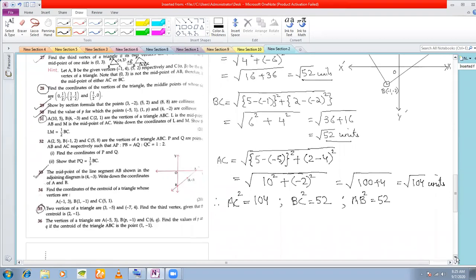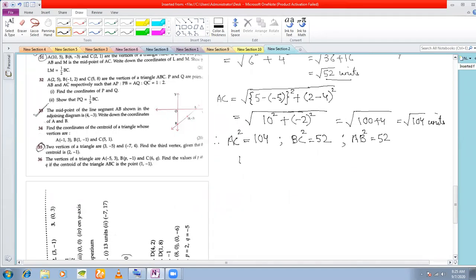So what do you see? You see that 104 is equal to 52 plus 52. That means AC square is AB square plus BC square. That means triangle ABC is right angled.